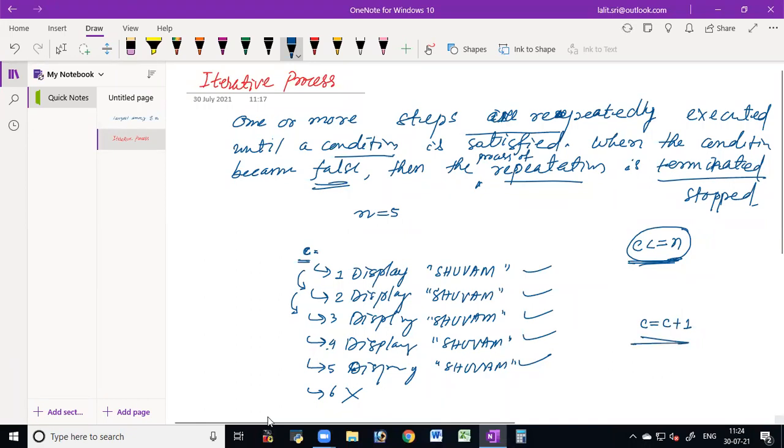This is also repeated. So display Shubham is repeating as well as this one is also repeating, until this condition is satisfied.